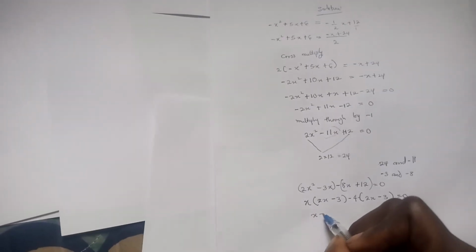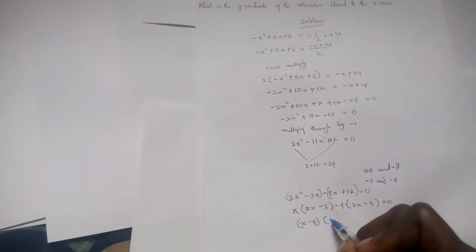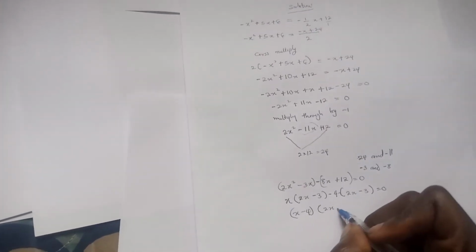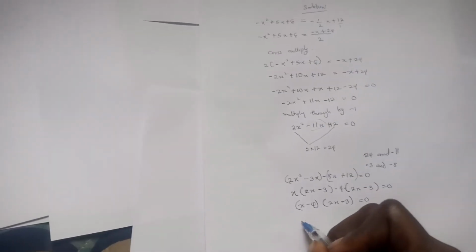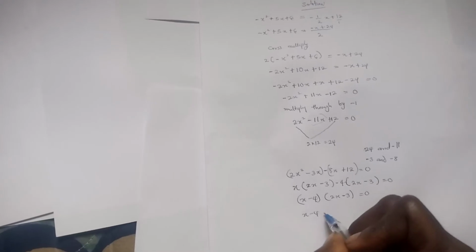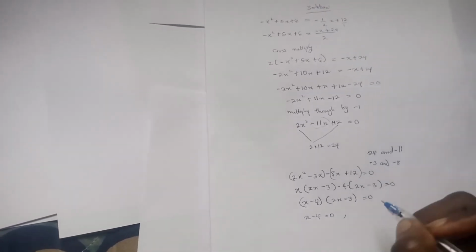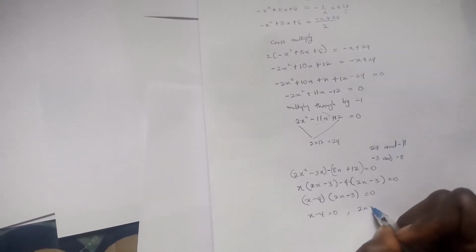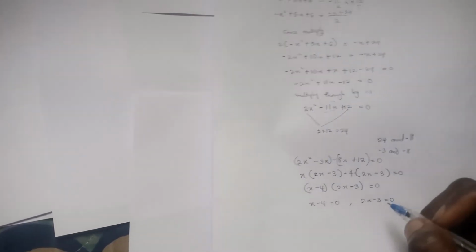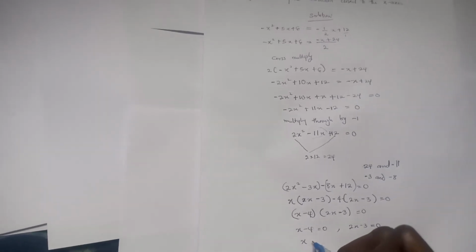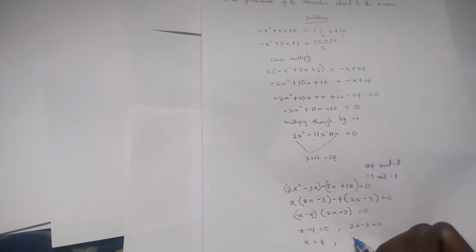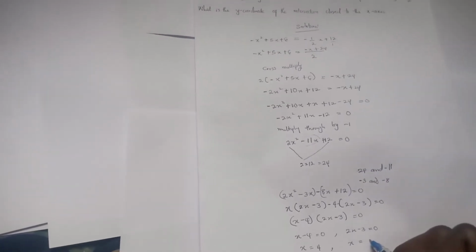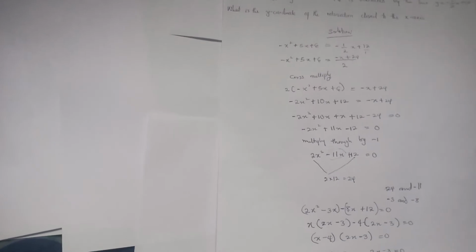So we have x minus 4, 2x minus 3. That's 0, which means x minus 4 is equal to 0, or 2x minus 3 is equal to 0. So our x will now be equal to 4, or our x will now be equal to 3 over 2.